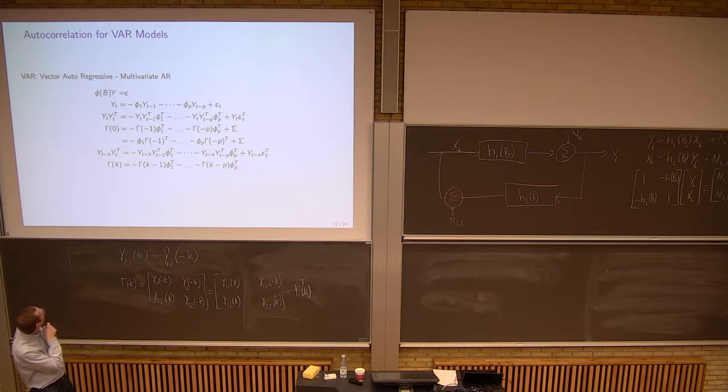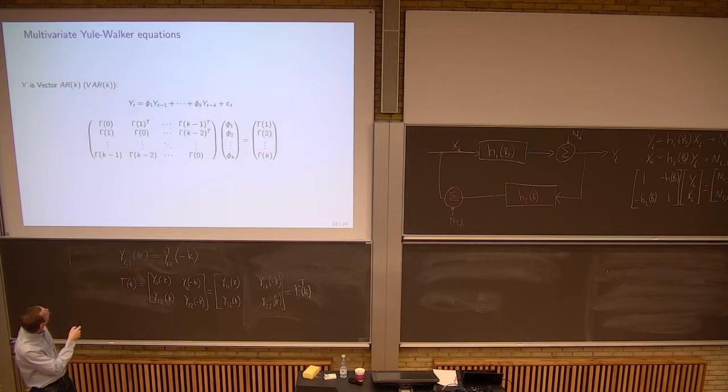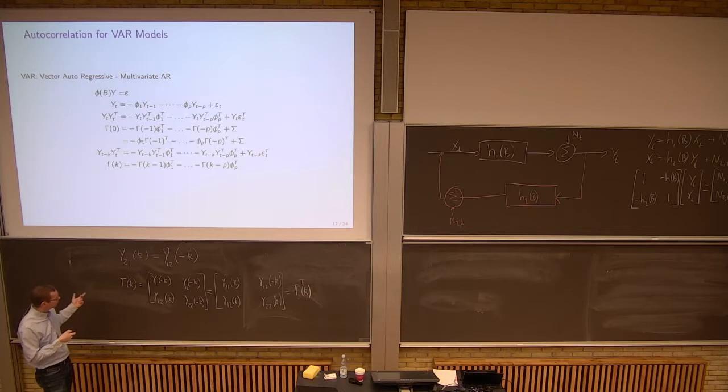Now I say it wrong. Next one, I have this one here. Gamma of 1 transpose is equal to gamma of minus 1 not transposed. So, yeah, it's correct. I just have to say it right.